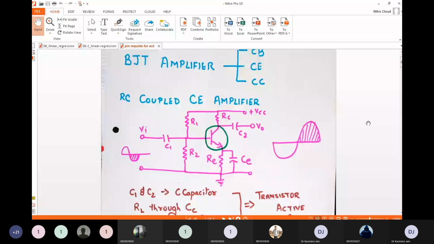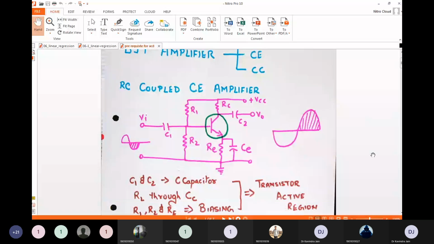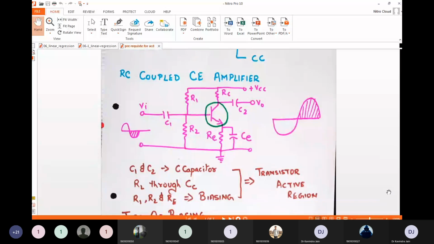Now, as you can see, I have drawn two things. One is the input and one is the output part. If we talk about the input part or the output part, there is a very wide difference between both of them. First of all, I would like to start with the capacitors, that is C1 and C2. These are known as CC capacitors. CC over here means coupling capacitors.